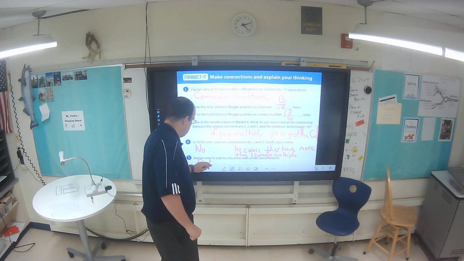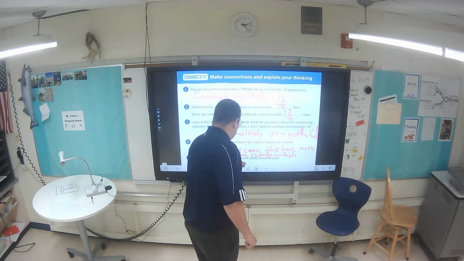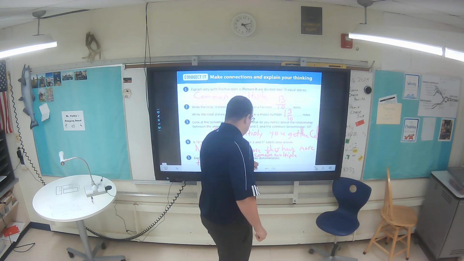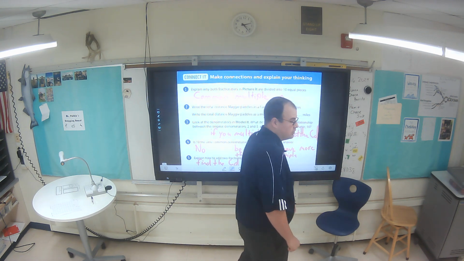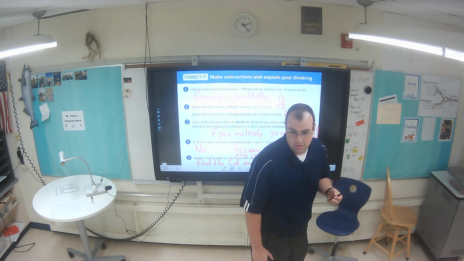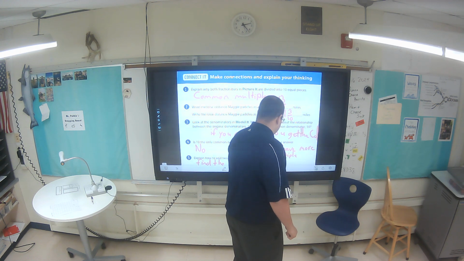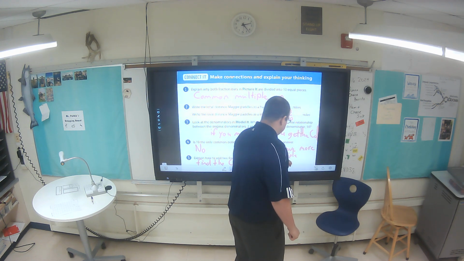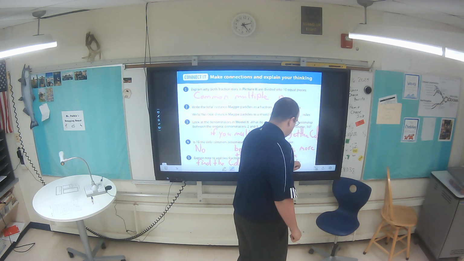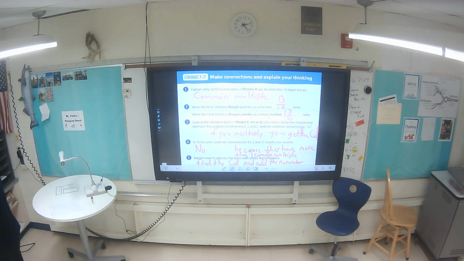And add what? What do we add when we add a fraction? Not the denominators, the numerators. Find the common denominator and then add the numerators.